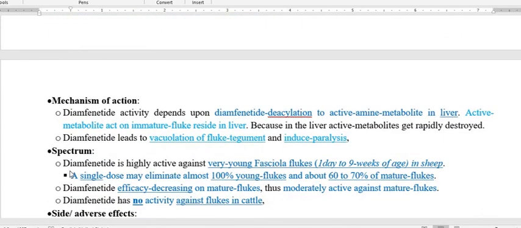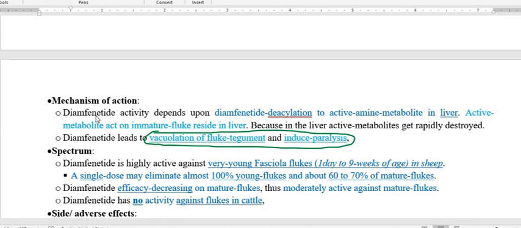Regarding its mechanism of action, its action is quite similar to a drug we call praziquantel. Praziquantel is an isoquinoline drug. So one mechanism of action of praziquantel is to produce vacuoles in the outer layer of the fluke.